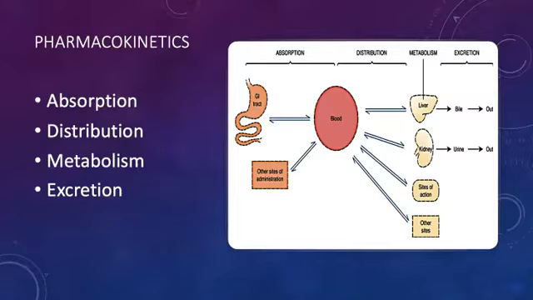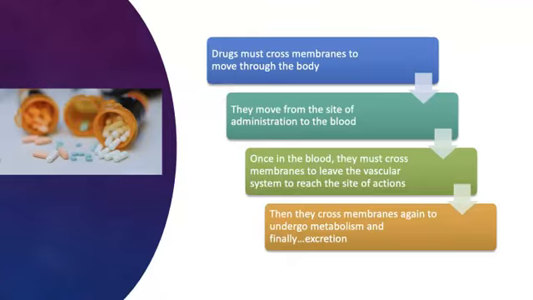So think about where the major site of drug metabolism occurs, and that's in the liver. So having good liver function for drug metabolism is essential. You certainly want to have good kidney function for appropriate excretion. Drugs must cross membranes to move from the site of administration into the blood.